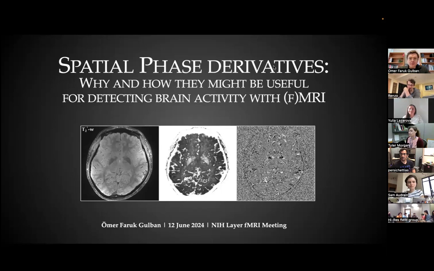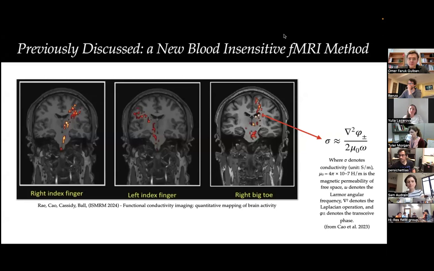Okay, so it's about spatial phase derivatives and where is this coming from? Well, I'm talking about spatial phase derivatives because there was this kind of popular ISMRM abstract that came out, and we discussed in this meeting a month ago, from Raya et al.